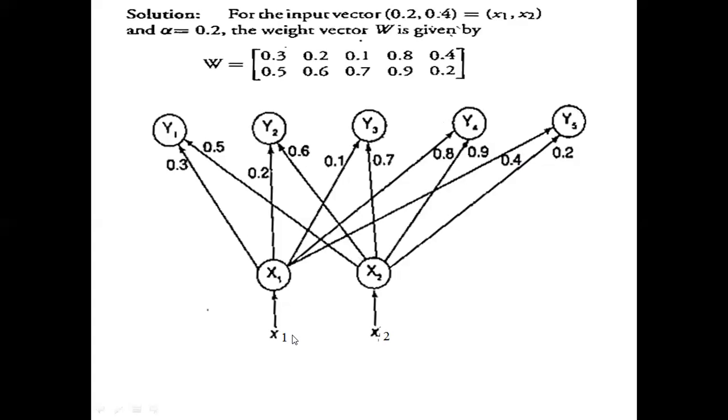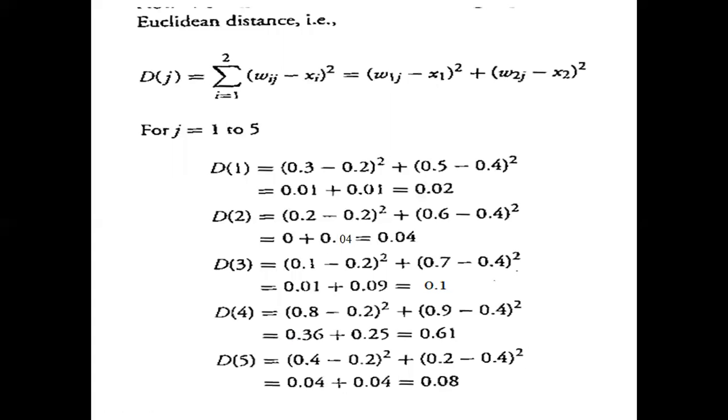Okay, so now we calculate the Euclidean distance. The formula is dj equals the summation of i from 1 to 2, because here you are considering only two inputs, x1 and x2, so the value of i is 2, of wij minus xi whole square.